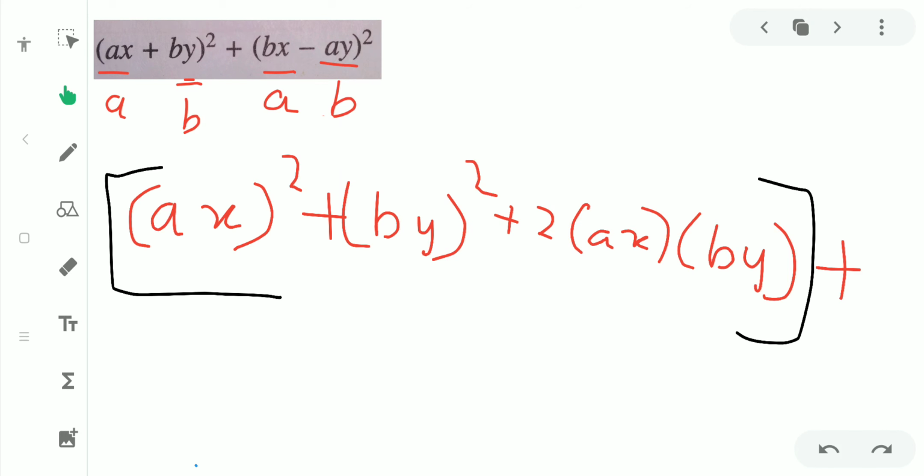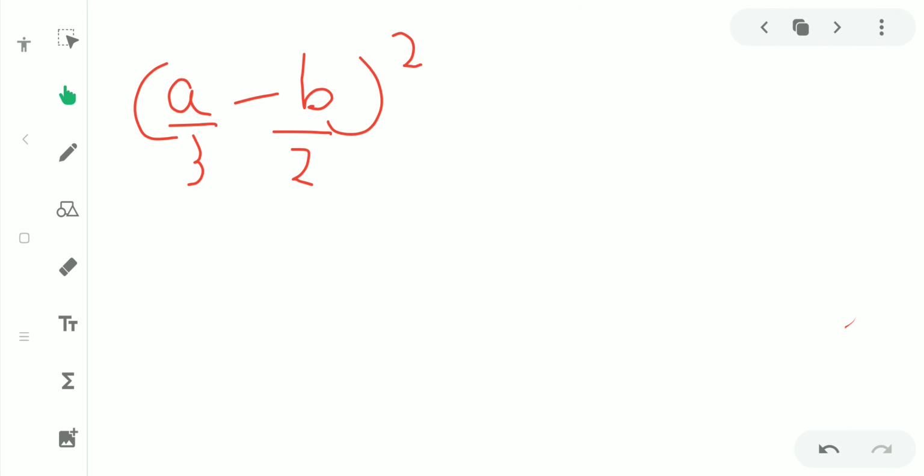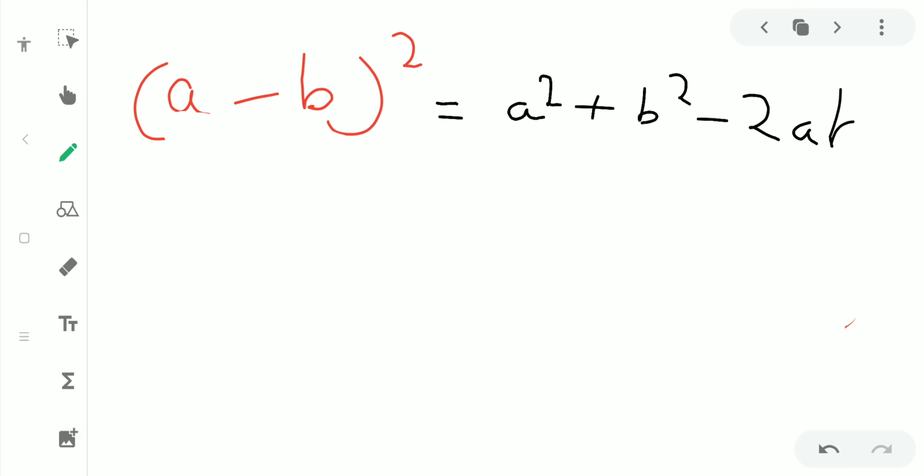Now the second one is, we can see (bx minus ay) whole square. So bx is nothing but a here, and we have another formula, (a minus b) whole square is equal to, so I am writing here, a square plus b square minus 2ab.